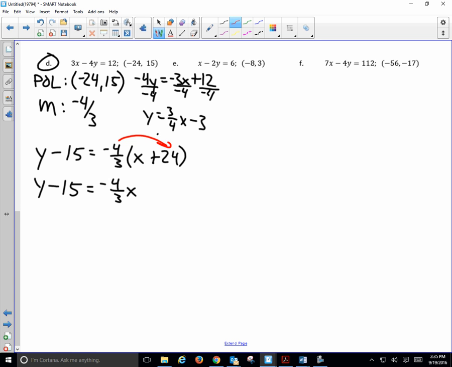It might be easier to do the division first. So 24 divided by 3, 8 times negative 4, negative 32. Now add the 15. And negative 32 plus 15 is negative 17.